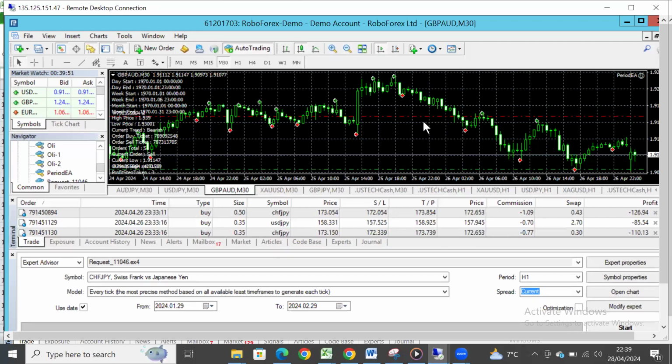As you can see from the picture, the EA helps to identify opportunities in the market by identifying the peak, showing an opportunity to sell, and the bottom showing an opportunity to buy. So you can see the green dots and the red dots. The green dots indicate an opportunity to sell, and the red dots indicate an opportunity to buy.